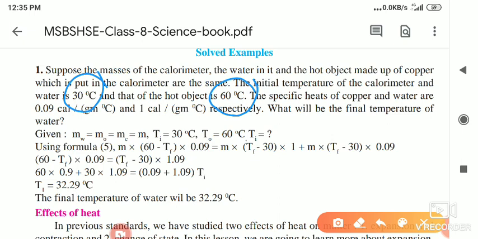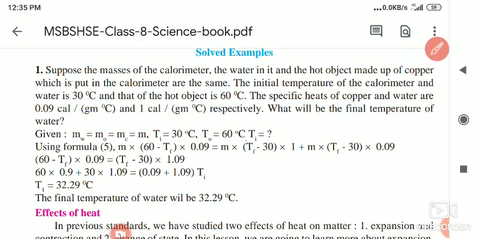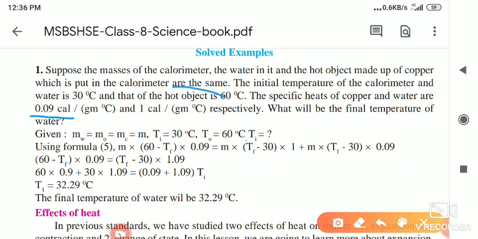The specific heat of copper and the water, which we studied before, is 0.09 calorie per gram degree Celsius for copper, and 1 calorie per gram degree Celsius for water.